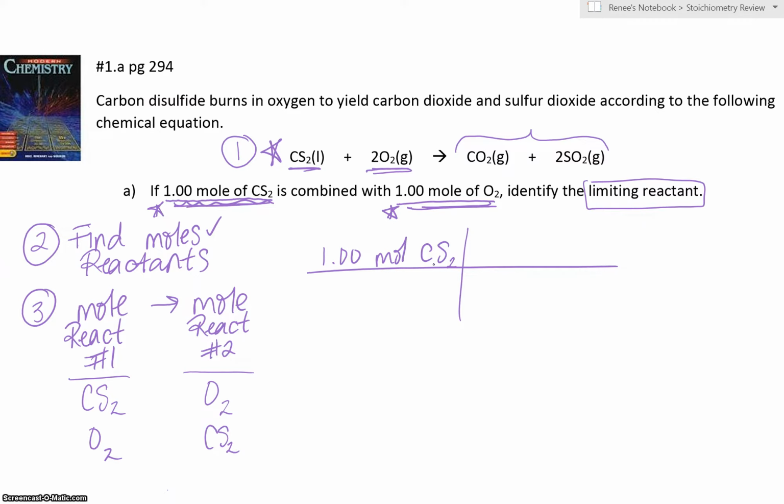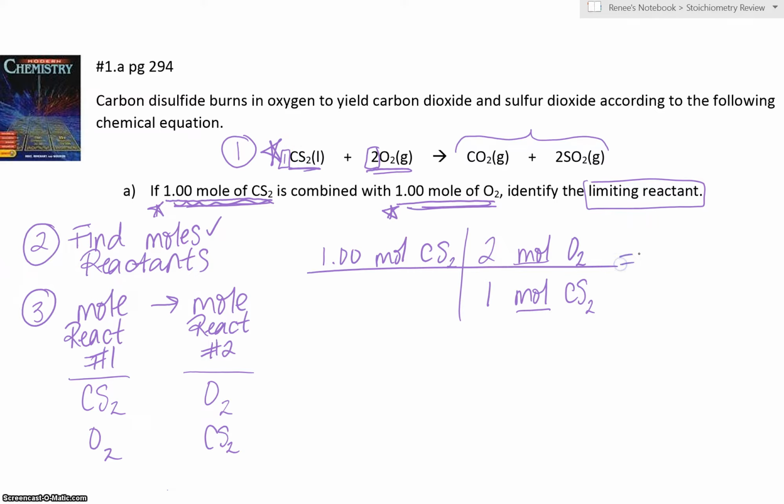When we're going from mole to mole, we need to cancel our moles of carbon disulfide, so I'll put that down here at the bottom. And I'm trying to find moles of oxygen, so I'll put that on top. Since this is a mole to mole ratio, we pull from the balanced chemical equation. So a 2 is in front of oxygen, and a little invisible 1 is in front of carbon disulfide.